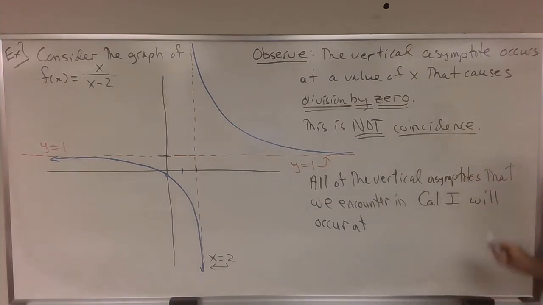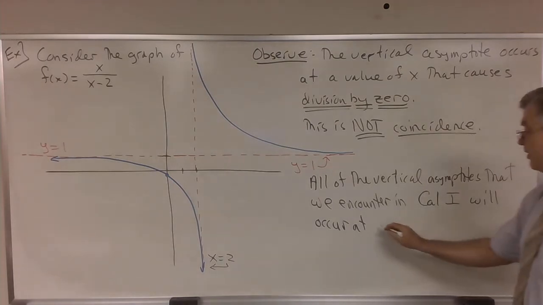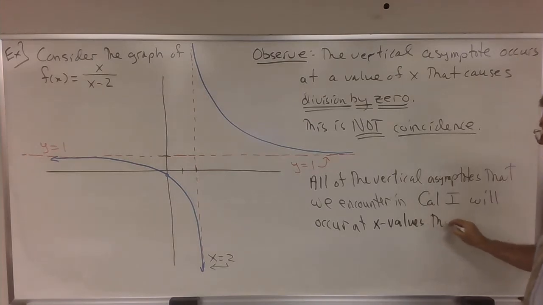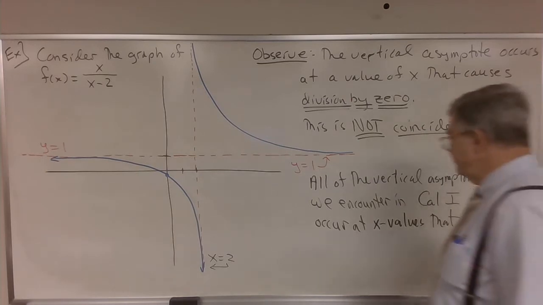See, all of the vertical asymptotes that we encounter in Cal 1 will occur at x values that cause division by 0.